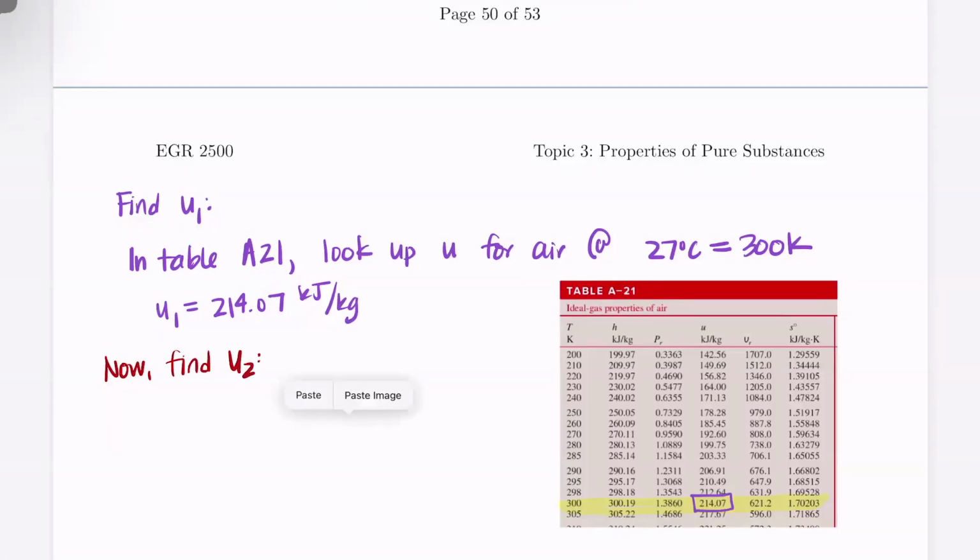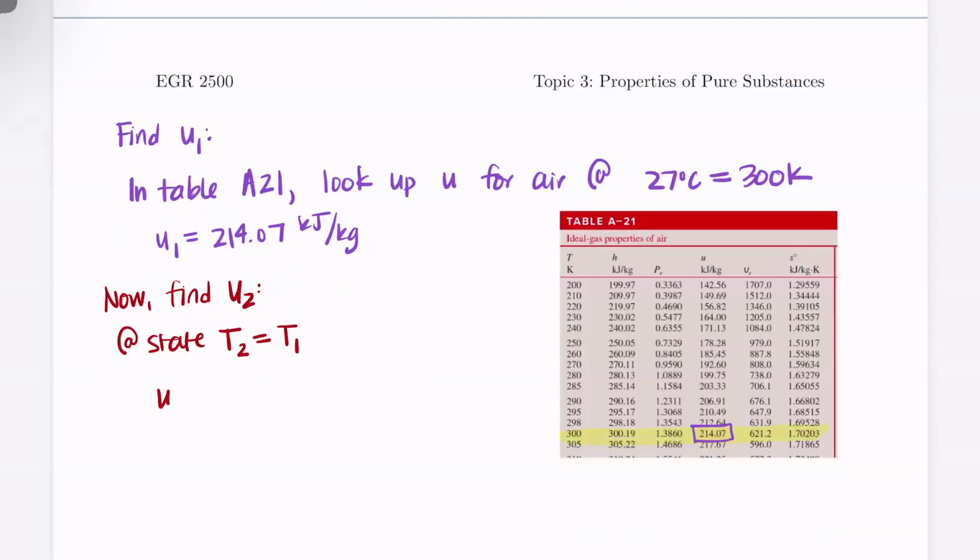So at state 2, what is T2? It's the same, right? And we already talked about how U only depends on temperature, right? So what does this mean? It's U1, right? U2 equals U1.